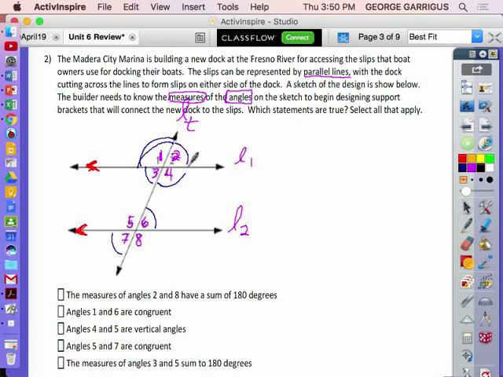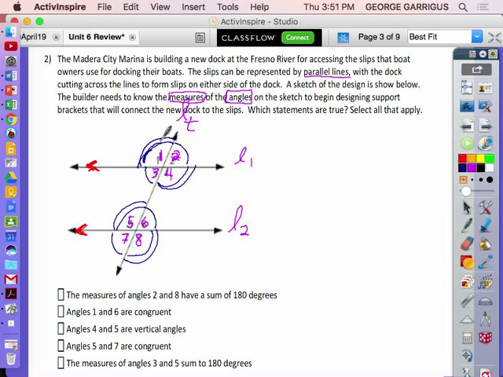That means 4 also has to be the same. Okay. Same thing's true over here. 5 and 6 form a straight line, so angle 5 has to be the same, and angle 8 has to be the same. So now we have them marked as to which angles are congruent.